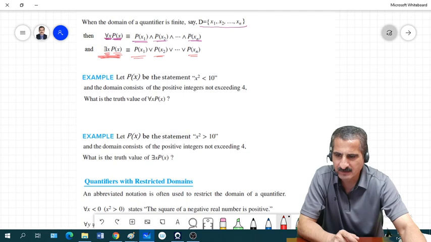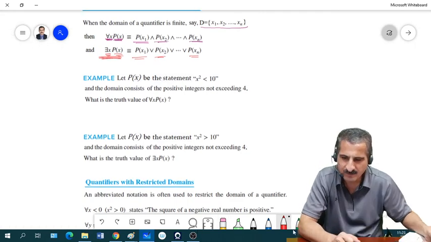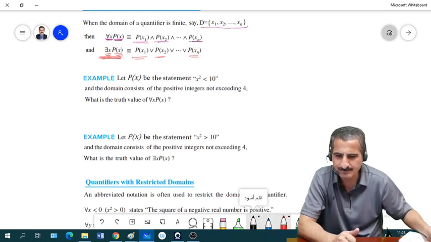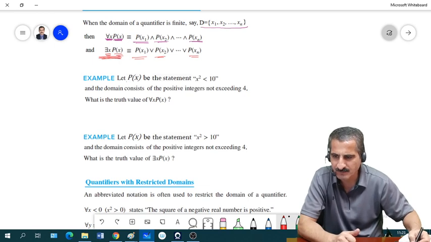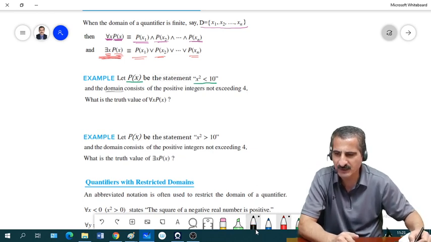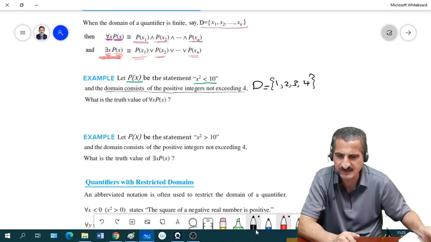Okay. Let us apply that to the following. Let P of x be the statement x squared less than 10, and the domain consists of all positive integers not exceeding 4. So the domain is 1, 2, 3, 4. Now, what is the truth value of this statement?